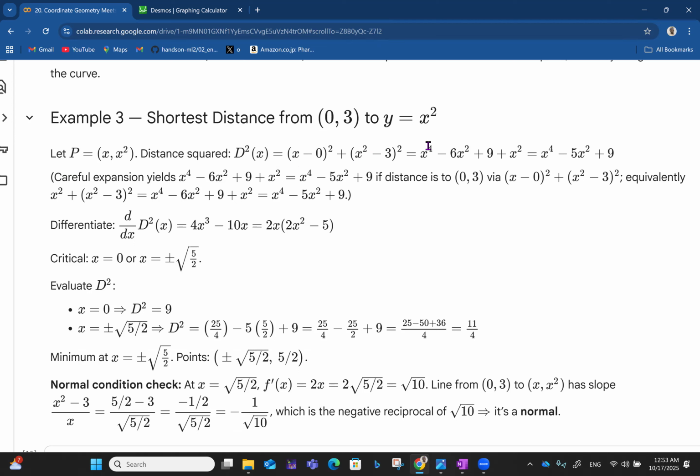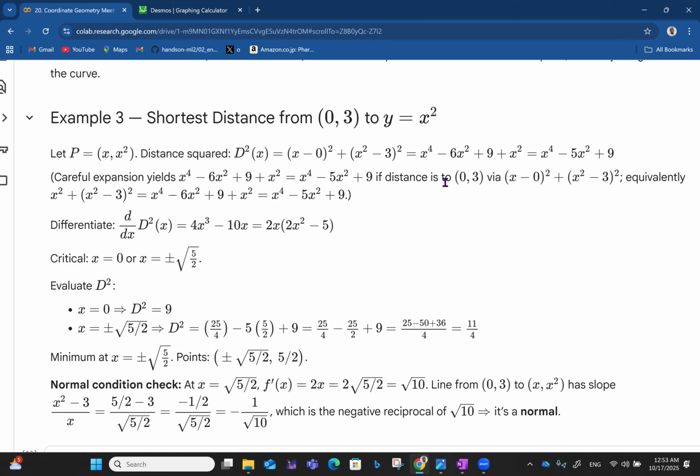Then you can tidy things up: x raised to power 4 minus 6x squared plus x squared, that's minus 5x squared, plus 9. Careful expansion yields x raised to power 4 minus 5x squared plus 9.